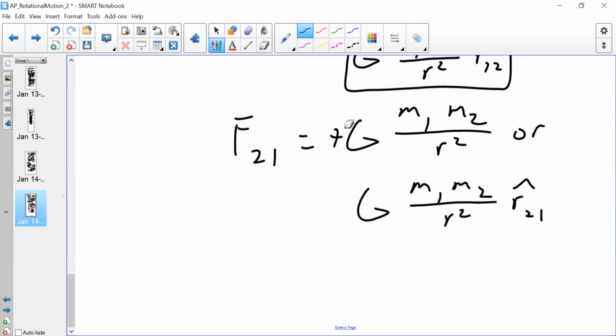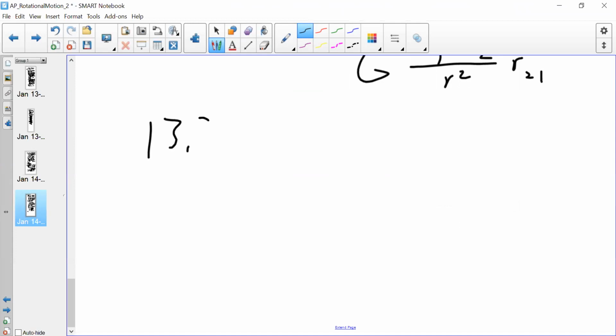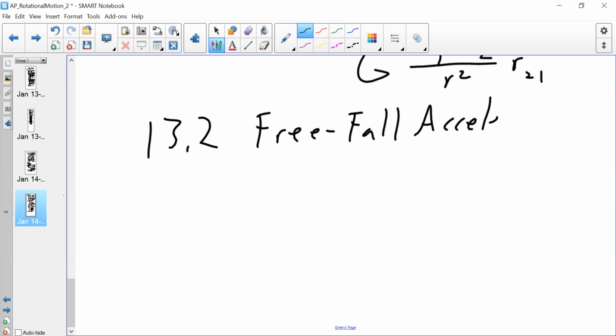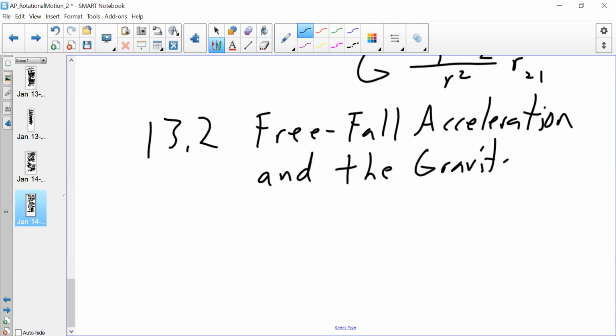How do we do that? 13.2. Free fall acceleration. We know what that is, anywhere, not just here, wherever you may be. Free fall acceleration and gravitational force, so the relationship.